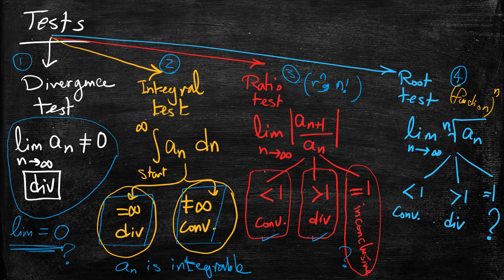We just take the root of the an itself. If it's a function to the power n, the nth root will cancel this power, and then we take the limit as n approaches infinity. And this will also give three conditions. If it's less than 1, as we did in the ratio test, the series is convergent. Greater than 1 will be divergent. If it's exactly equal to 1, again it's inconclusive, which means again we need to use another test.